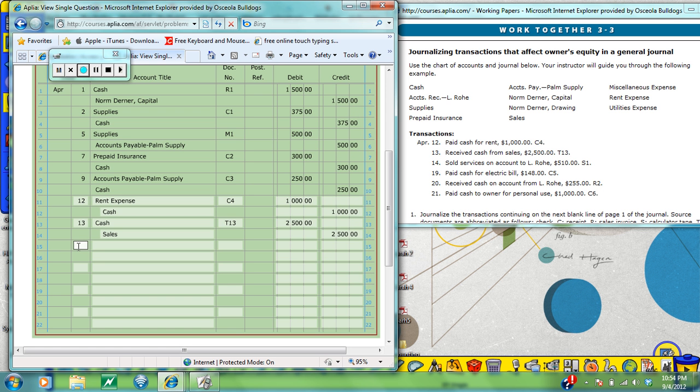Okay, on the 14th, sold services on account to L. Rowe, $510. Sales invoice 1. What do you think we ought to do? Not cash, because we had a sale.